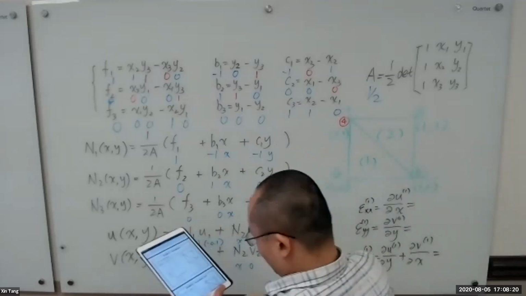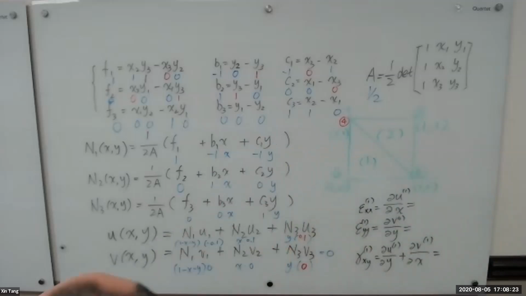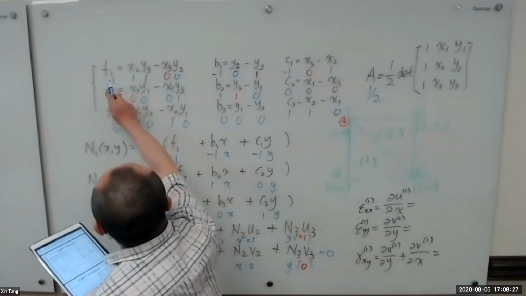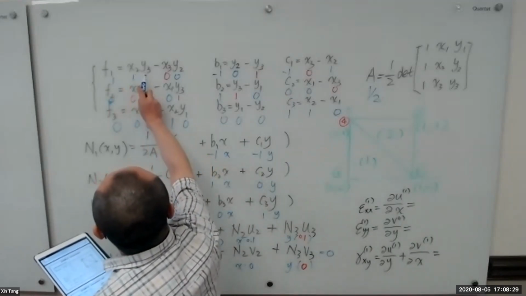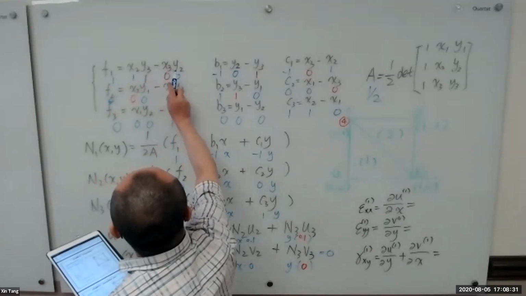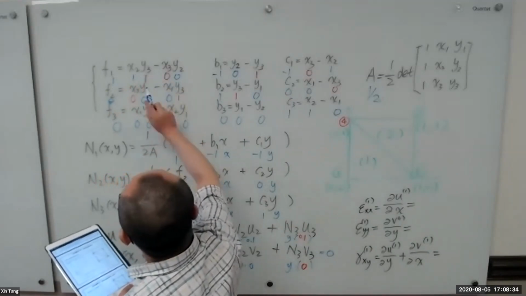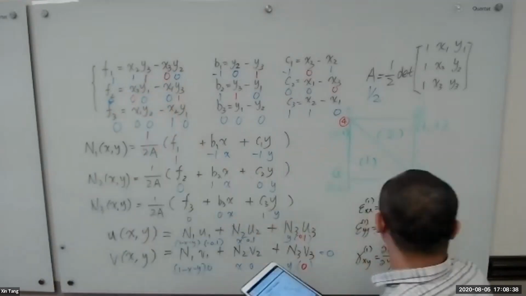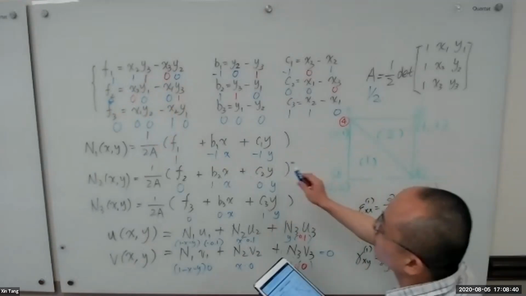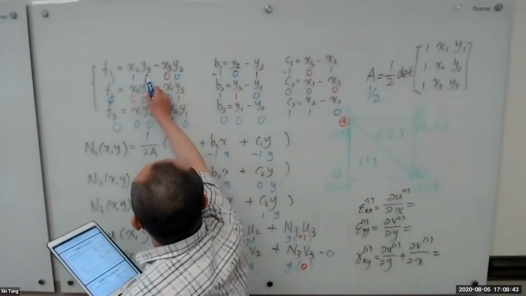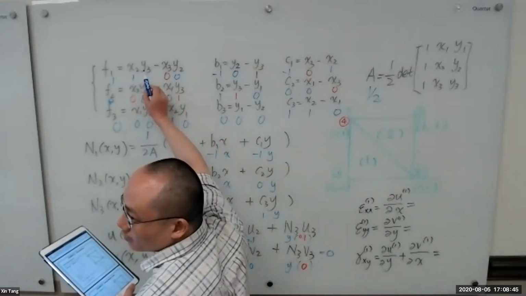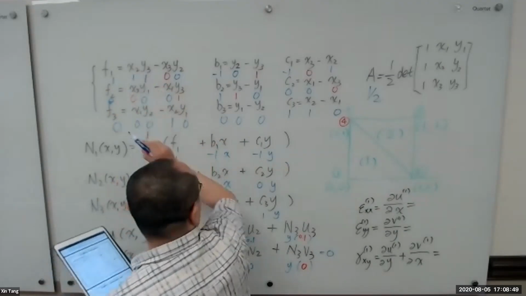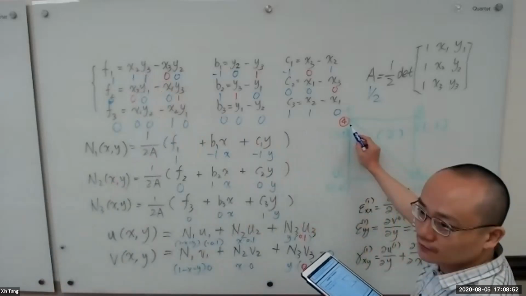Now, to calculate f, f1 equals x2 y3 minus x3 y2. x2, the x coordinate of node 2, is 1. Although we write y3, this actually means the third node, which in this case is node 4.